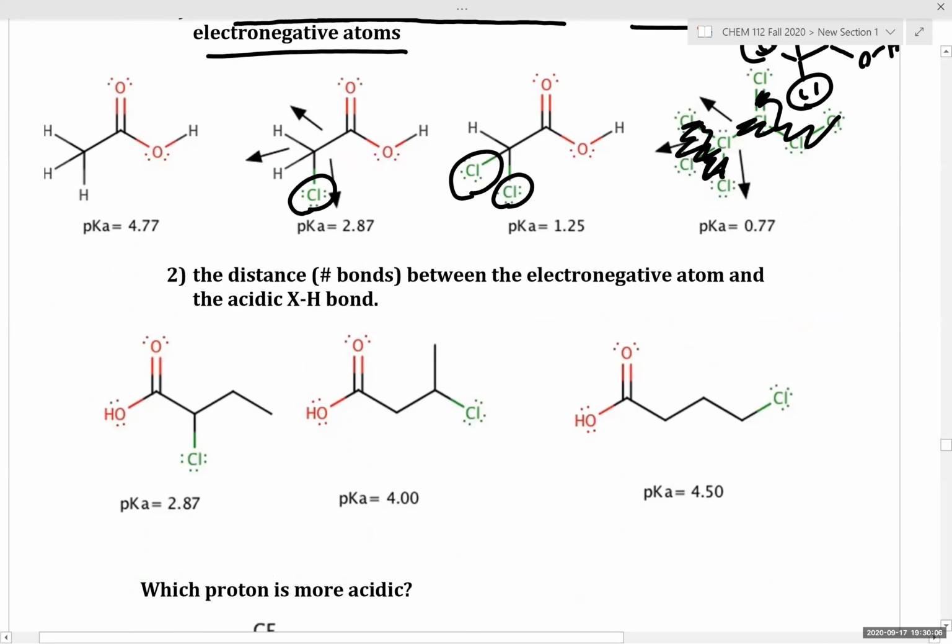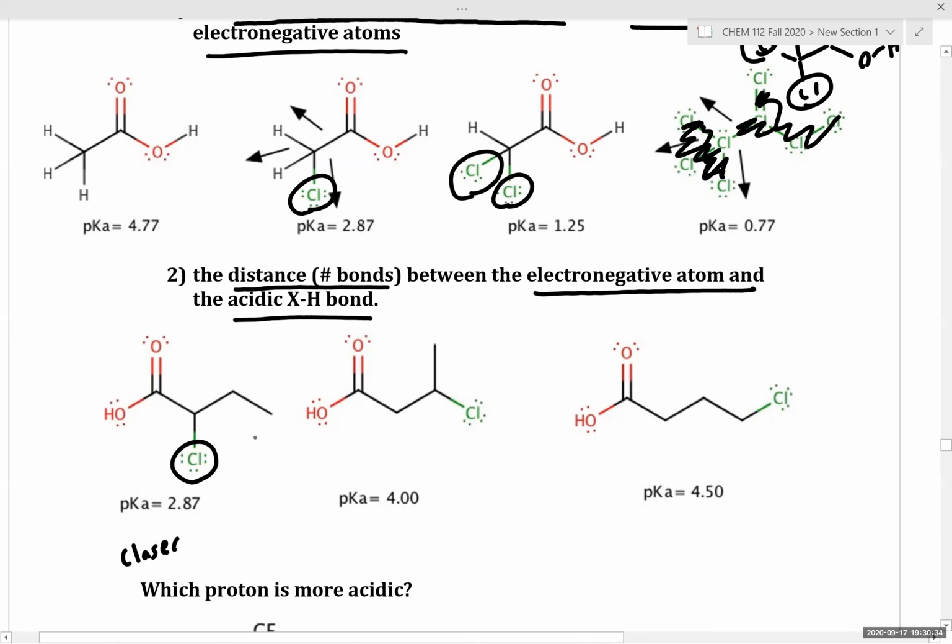Additionally, the distance, in terms of the number of bonds, between the electronegative atom and the acidic proton directly impacts the pKa observed. The closer your electronegative atom is, the closer your chlorine atom is to your acidic proton, the greater the observed inductive effect.